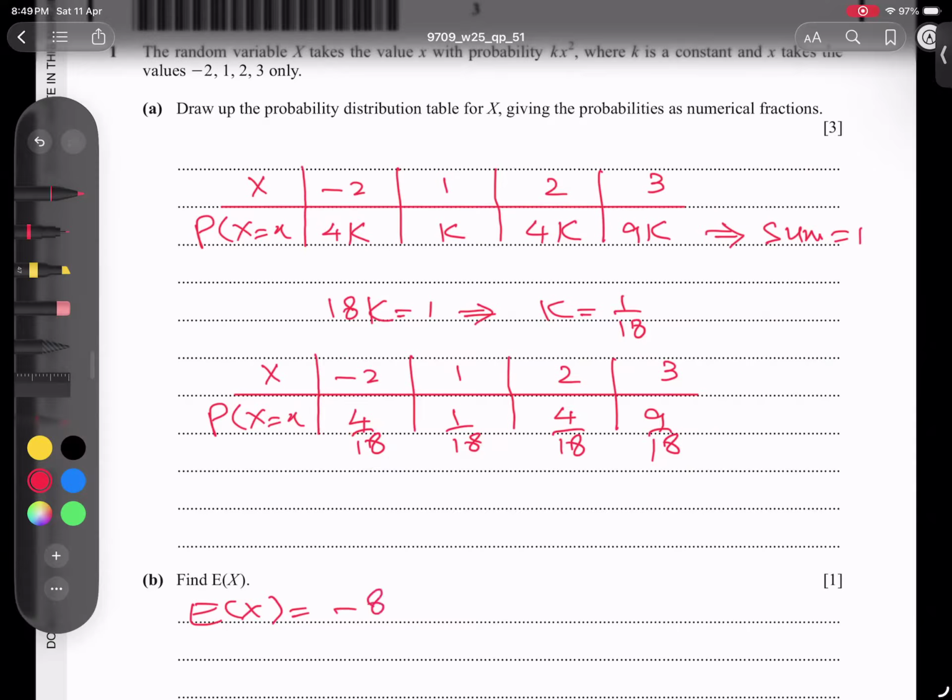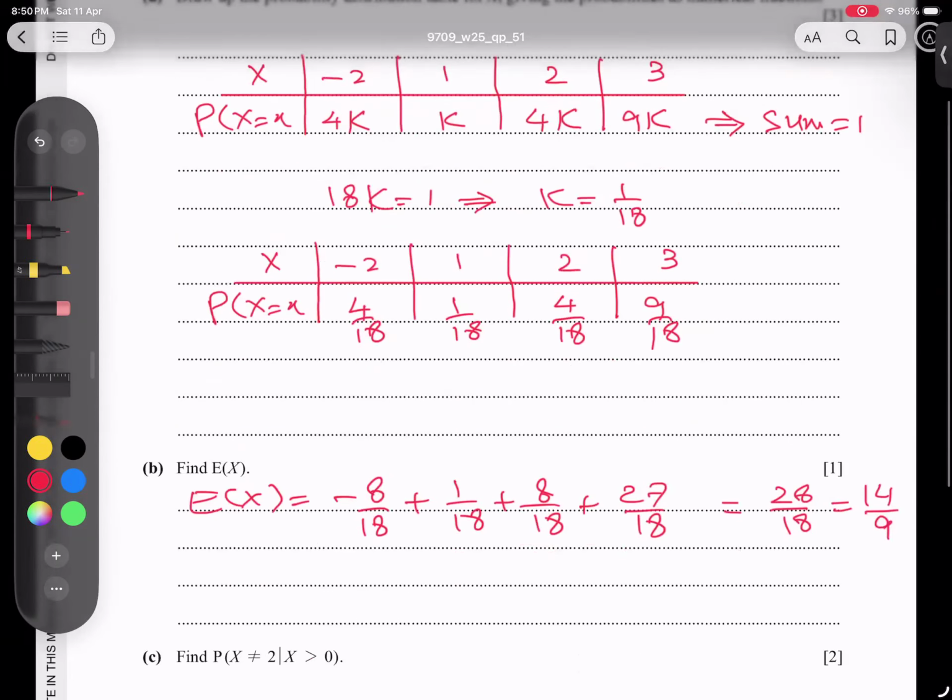So -8 by 18 plus 1 by 18 plus 8 by 18 and 27 over 18. And I get here 28 by 18. If you check here, 8 cancel, 28 by 18, and 2 9 times. So mean is done.